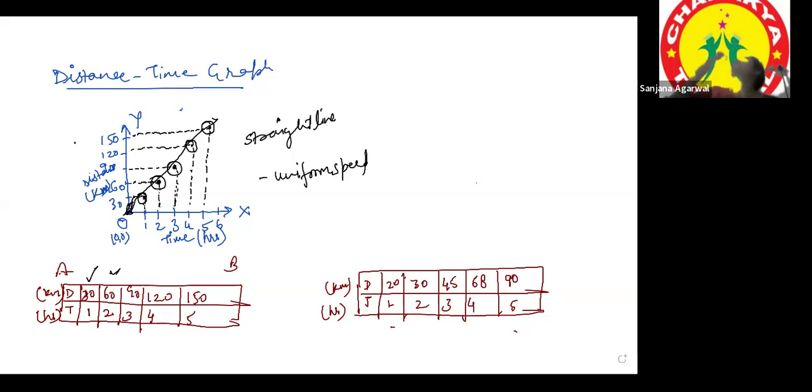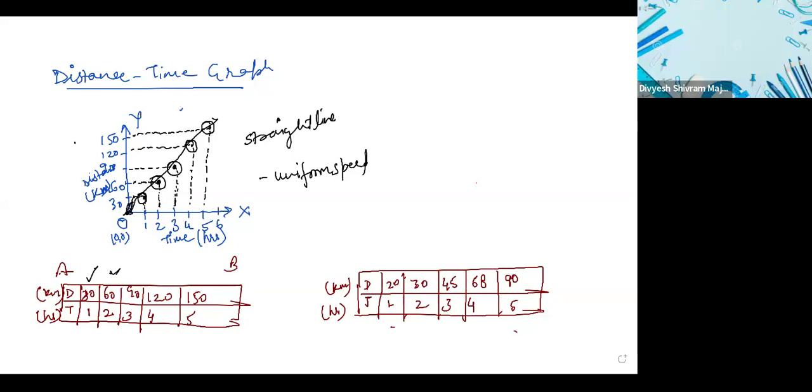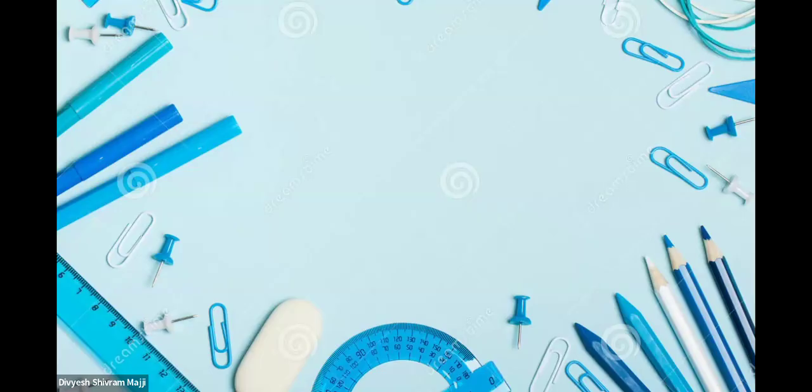Draw, everyone, and show. Put on your cameras, everyone, quickly, and show me the graph once it's done.